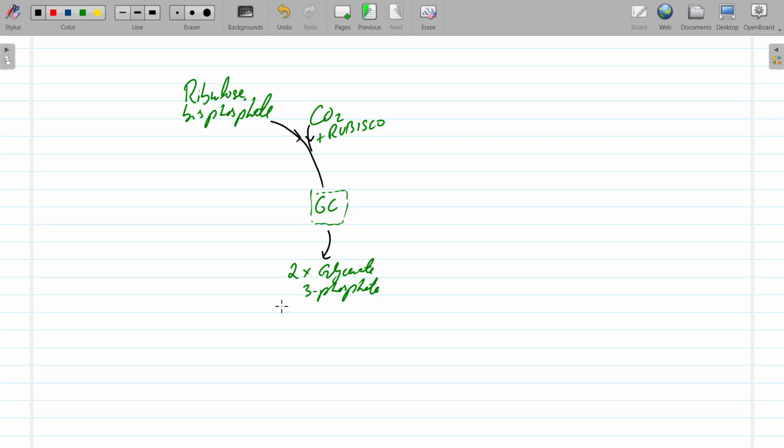And then the glycerate 3-phosphate is converted, not a very nice circle, but better slightly. You get 2 molecules of glyceraldehyde 3-phosphate, so GALP.